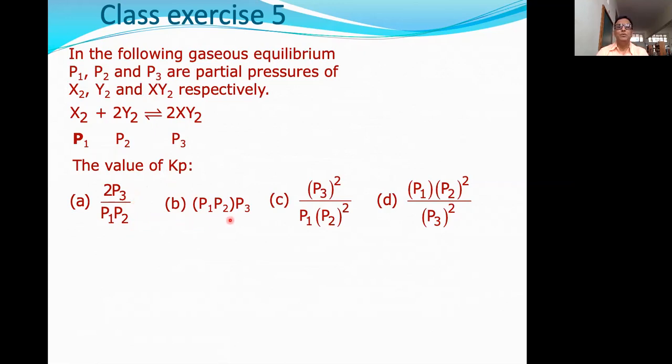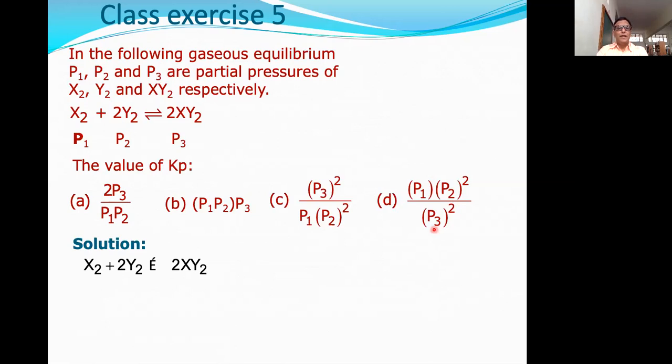B P1, P2 in bracket P3. C P3 square divided by P1 in bracket P2 square. And the last one D, in bracket P1 in bracket P2 square divided by in bracket P3 square. Now we'll see the solution of this problem.